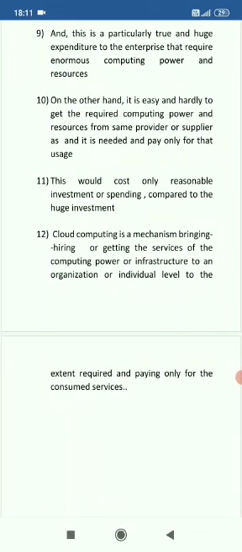The last point is, cloud computing is a mechanism for bringing or getting the services of computing power or infrastructure to an organization or individual level to the extent required, and paying only for the consumed services.